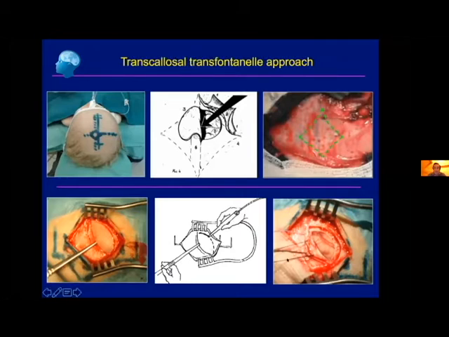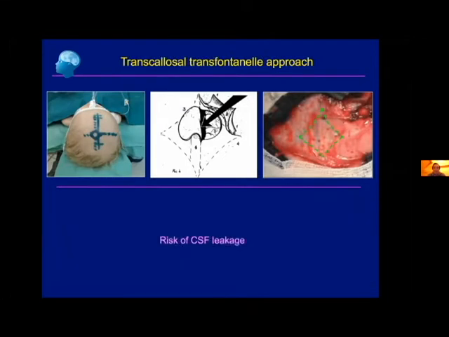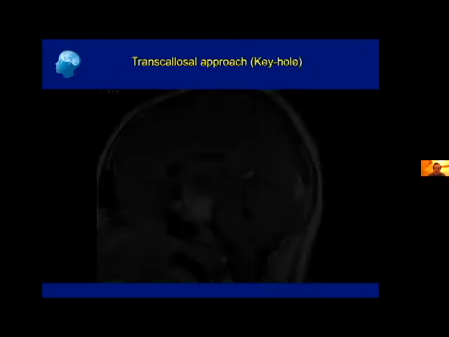Another peculiarity is that in the region of the fontanelle, we have two layers, the dura and the periosteum, which are attached to one another very firmly. It is a very solid structure, and there is a risk of CSF leakage.